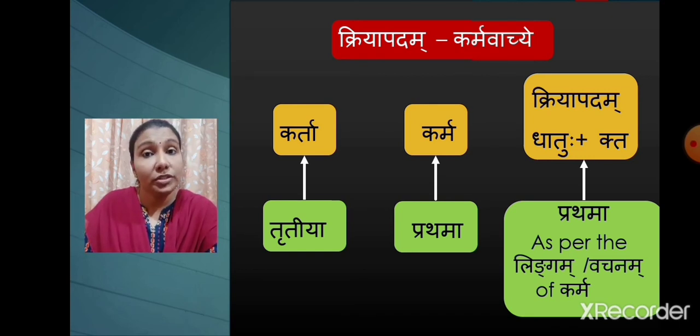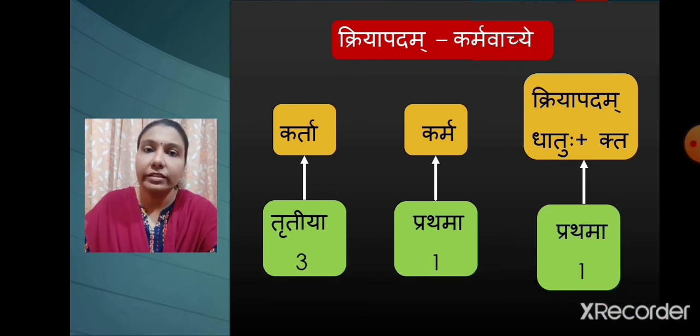As we are using the subject in tritiya vibhaktihi, we can call it 3. We are using karma in prathama vibhaktihi, so we can call it 1. And dhatuhu plus kta pratyaya is also used in prathama, so we can call it 1. Thus, 3-1-1 is the formula for the sentence.